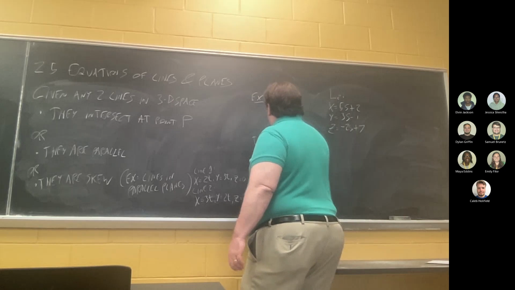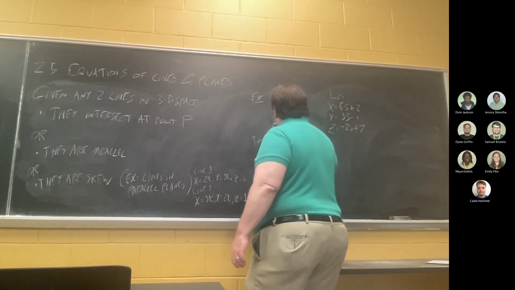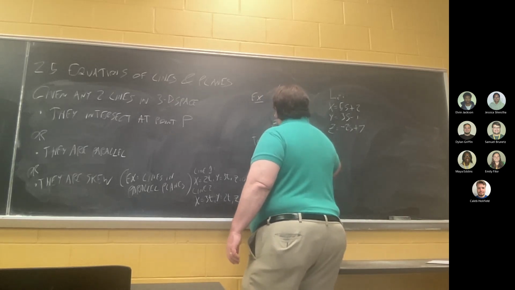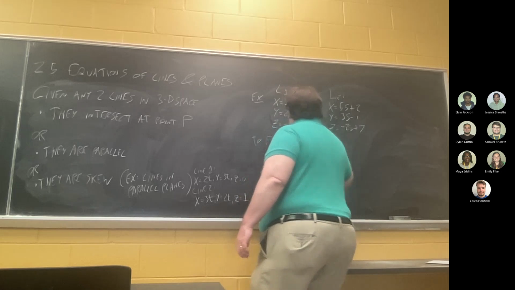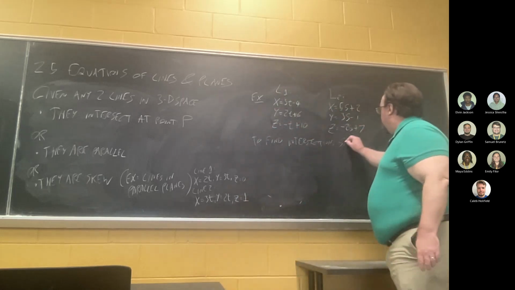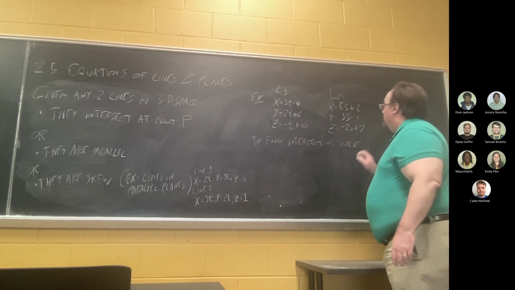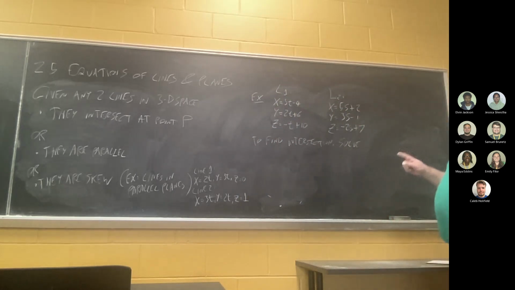The assumption is that there is an intersection point, and we'll try to find it. So we're going to solve the system of equations that we get by equating the x components, the y components, and the z components.